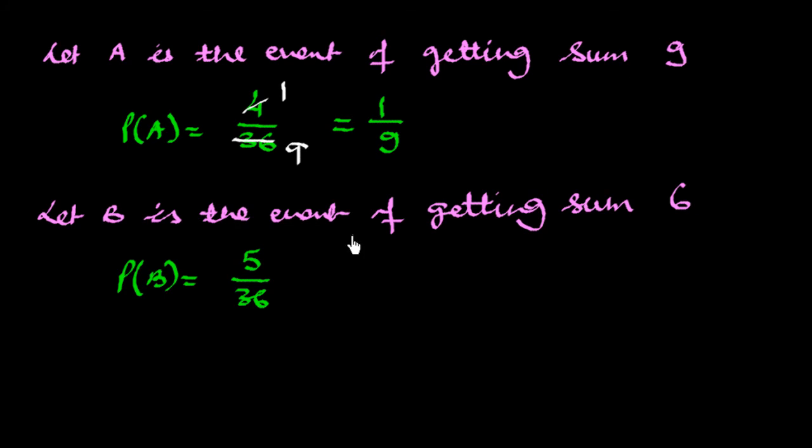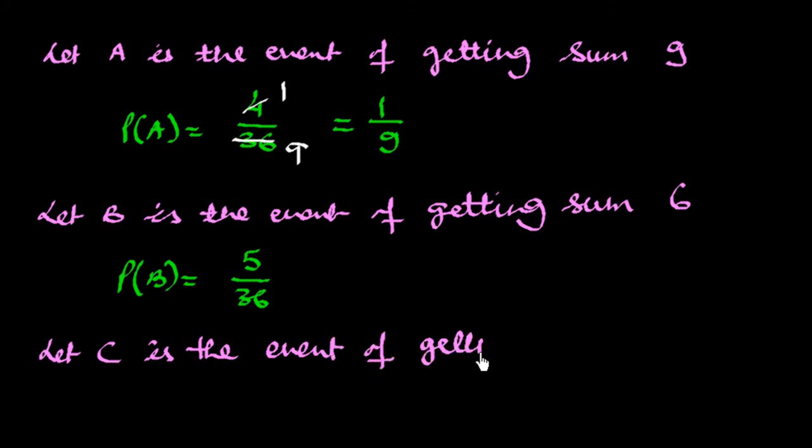Now we are taking another experiment. C is the event of getting an even number as sum. We have to get an even number as sum.